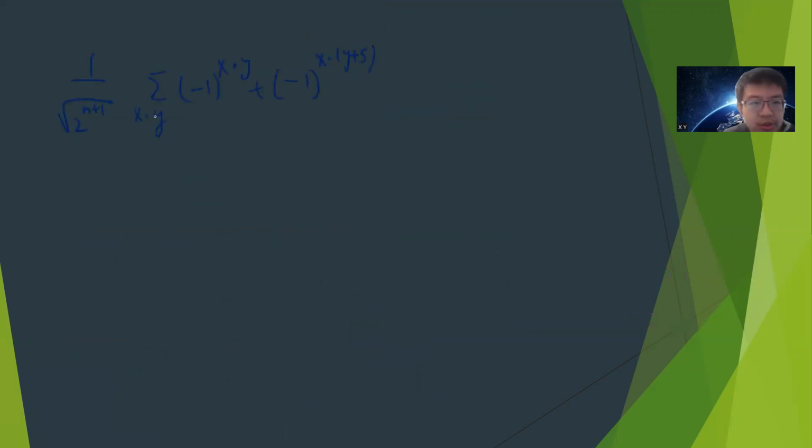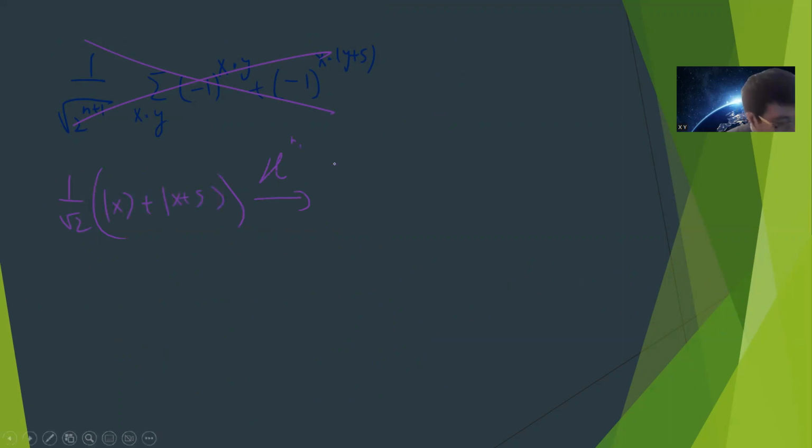Okay, so we start from here and apply the Hadamard. We get 1 over square root of 2 to the n plus 1, summation over y, minus 1 to the x y, x plus s y.